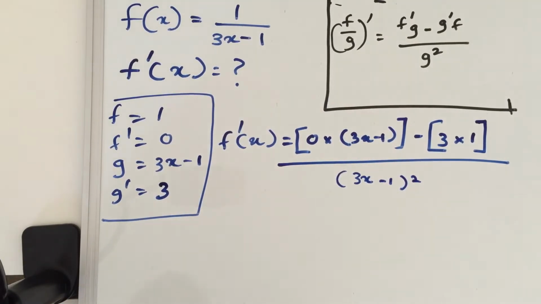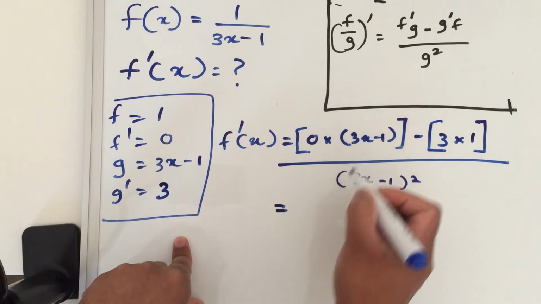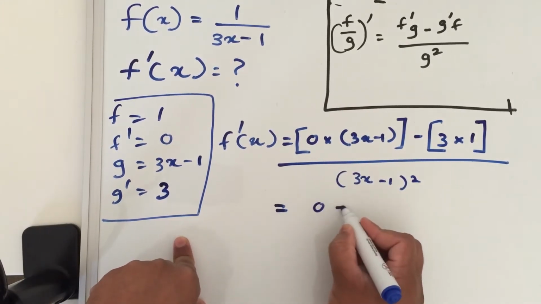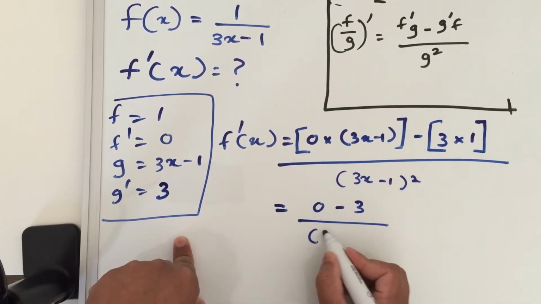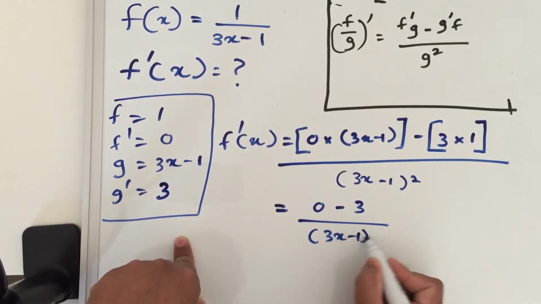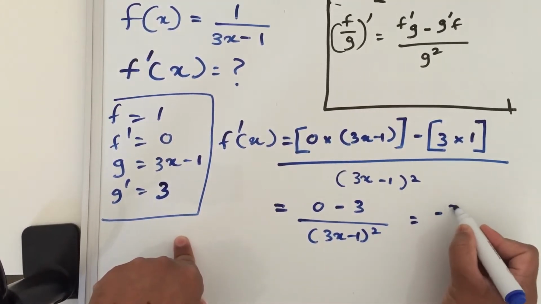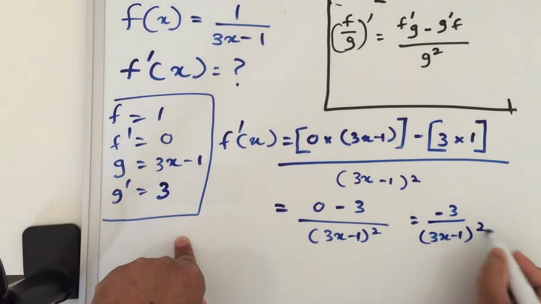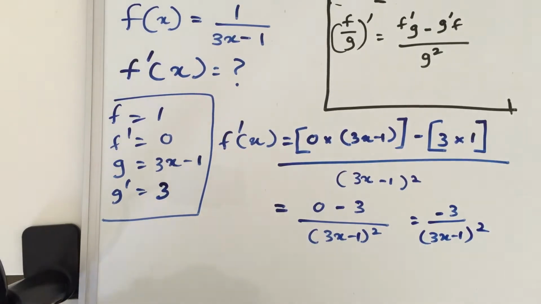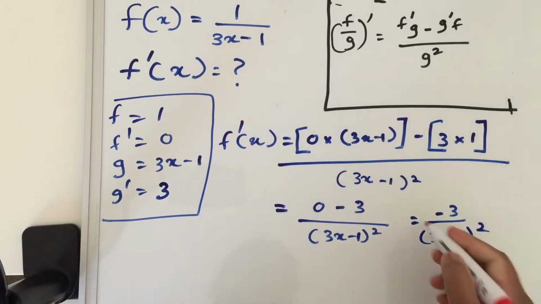Now we can simplify this. 0 times something is always 0. 3 times 1 is 3, divided by 3x minus 1 squared. In other words, negative 3 over 3x minus 1 squared. And this is the final answer for the first part of this question.